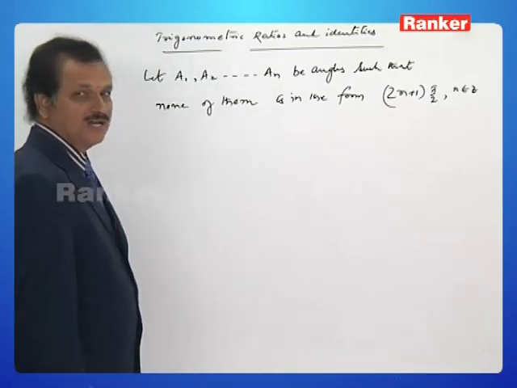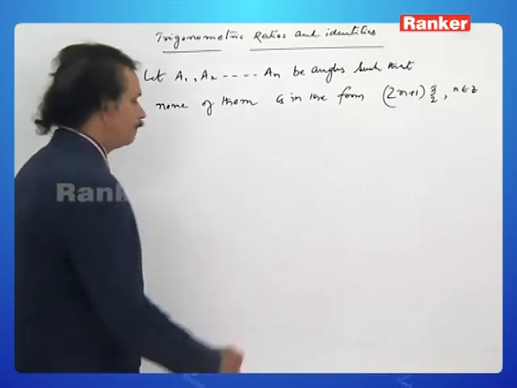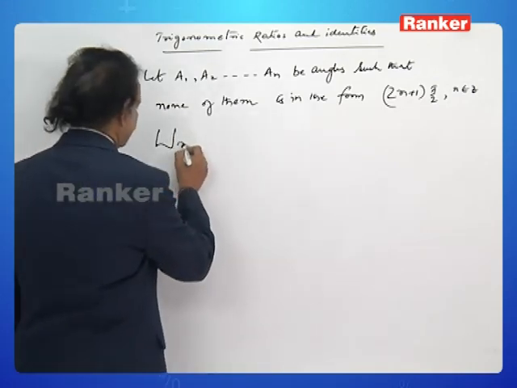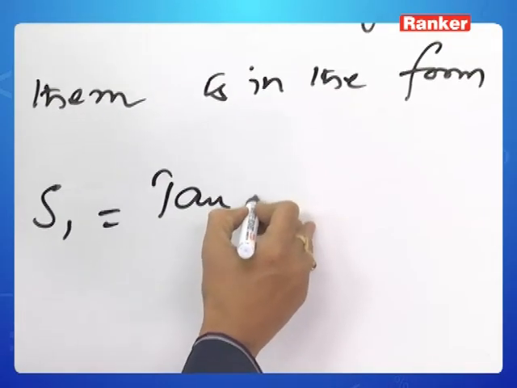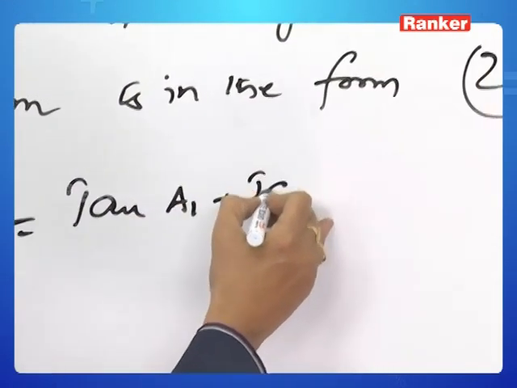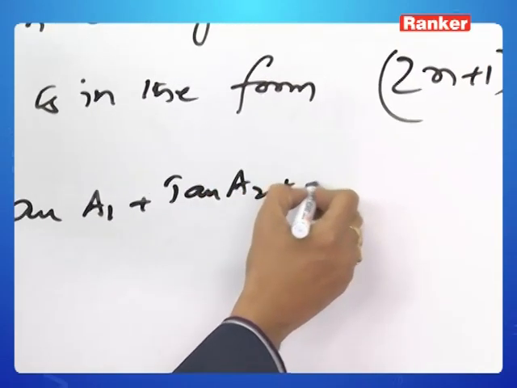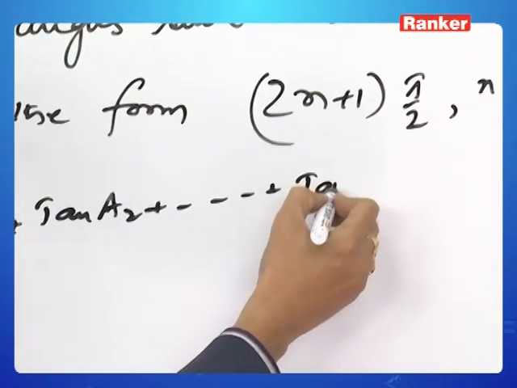Okay, let us create some symbolism. S1 is equal to tan a1 plus tan a2 plus tan a3, etc., tan an.